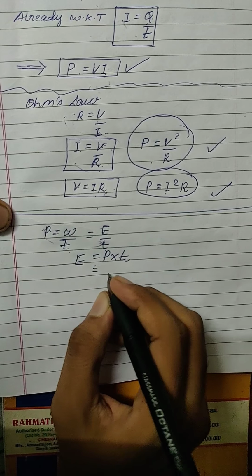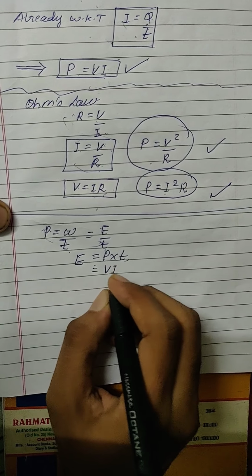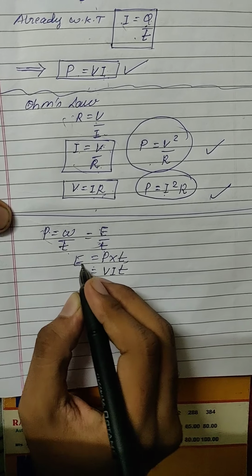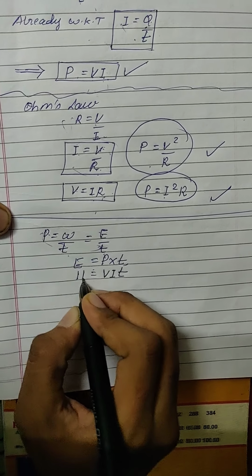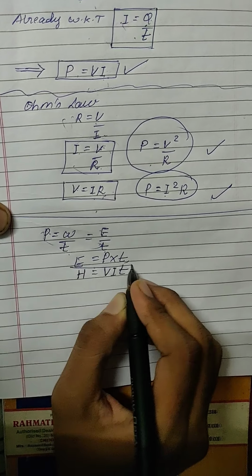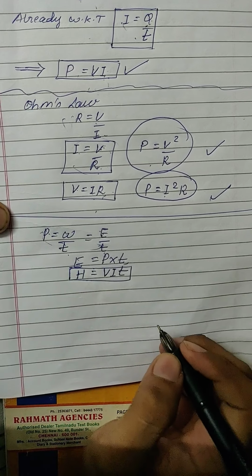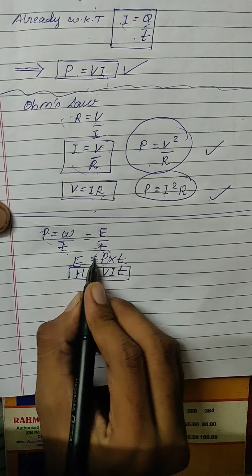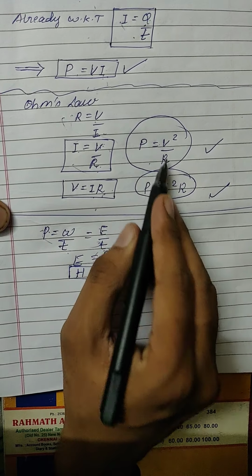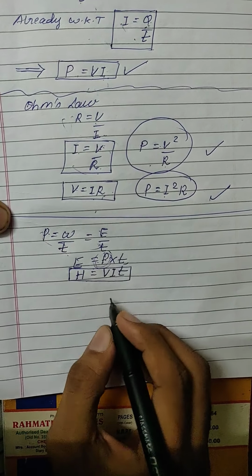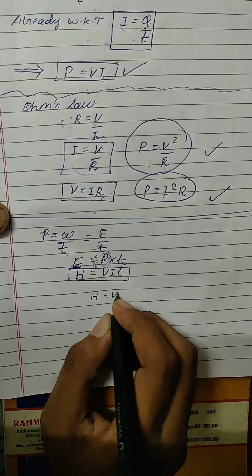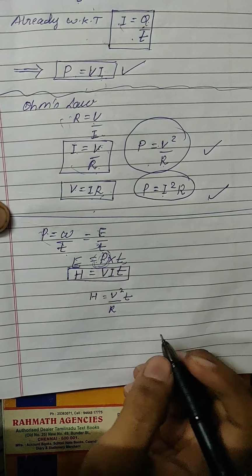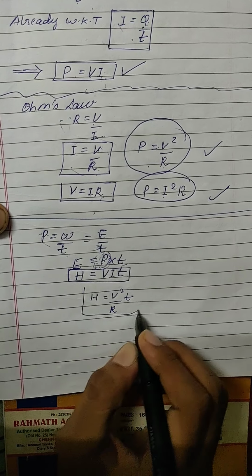So what is power? Power is VI and time is T. And this energy is nothing but heat energy. So we are using the representation H. So H is equal to VIT. When we use V square by R in the place of power, you will be getting H is equal to V square by R into T. So this is also another formula for heat.